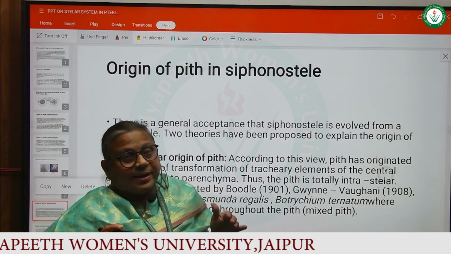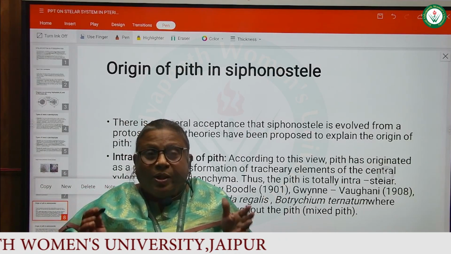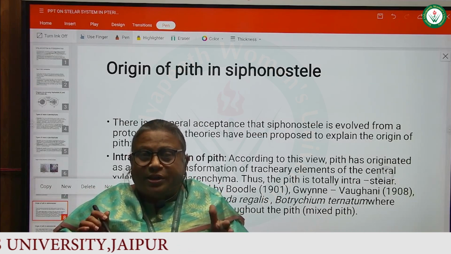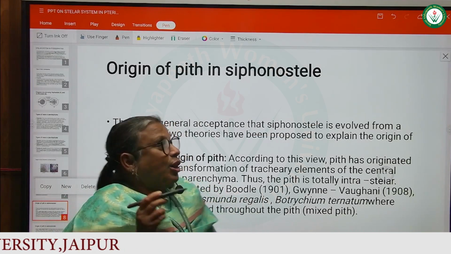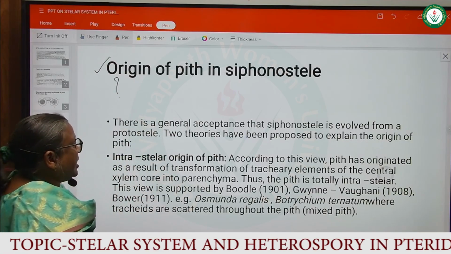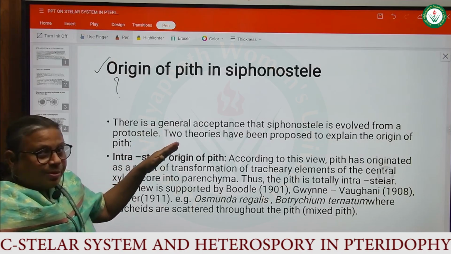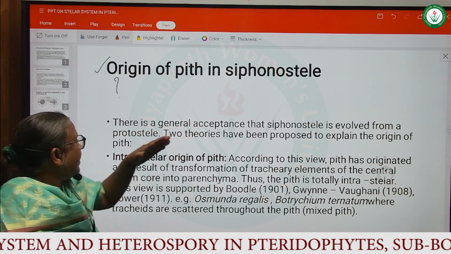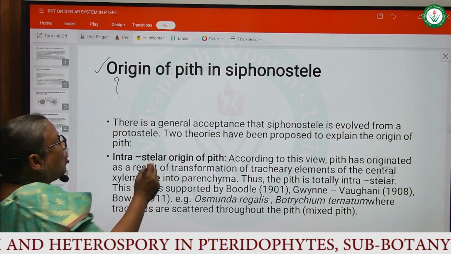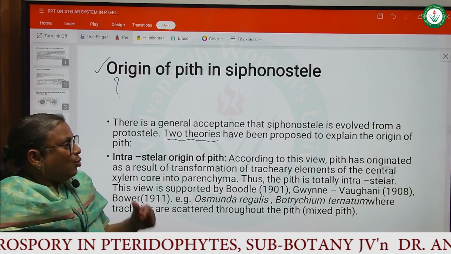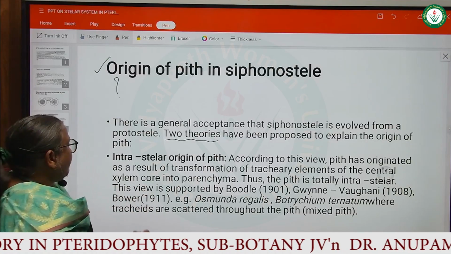Well, students, just now I told you that there is the development of pith in the center, so it is called siphonostele. Now the question arises about the origin of siphonostele. There is a general acceptance that siphonostele evolved from a protostele. Two theories have been proposed to explain the origin of pith.